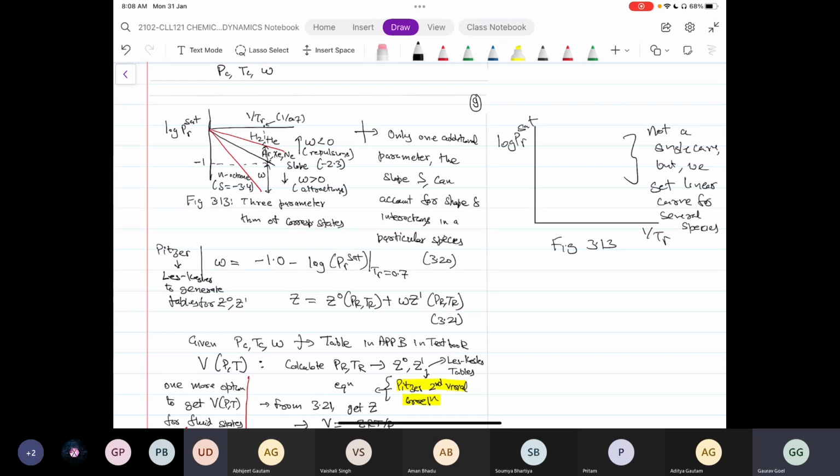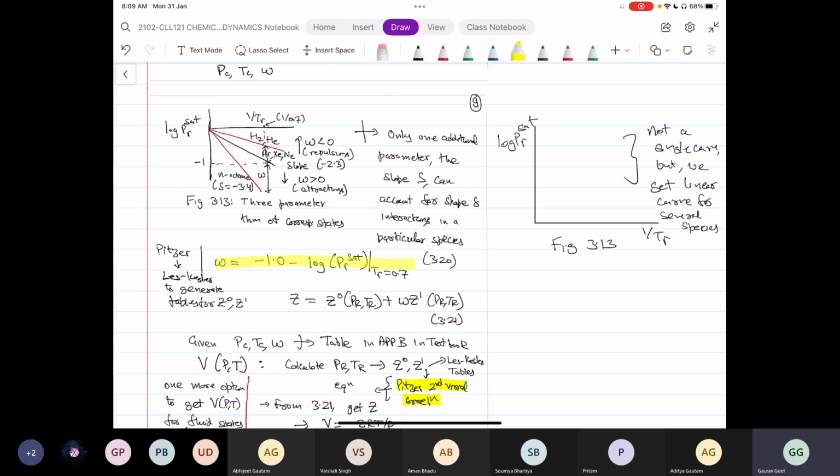Okay, -1 is an easy number to remember. And then we said if I'm above it, repulsions dominate. If I'm below it, attractions dominate. So yes, this omega is the vertical distance between the curve. The curve is logarithm of Pr sat plotted as a function of 1 by Tr, which for a variety of different species is linear. Okay, so that answers your question.